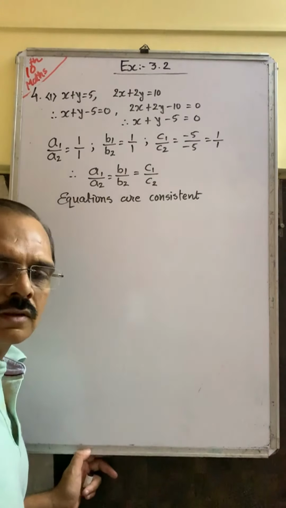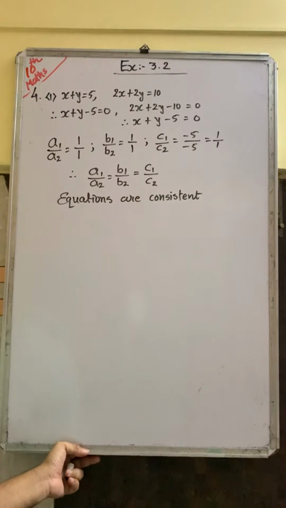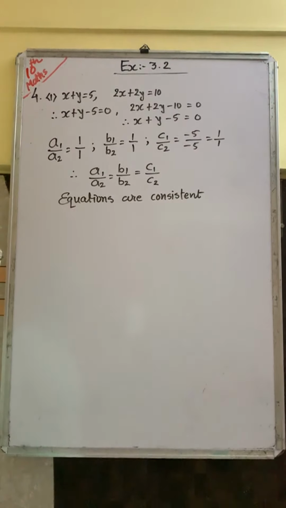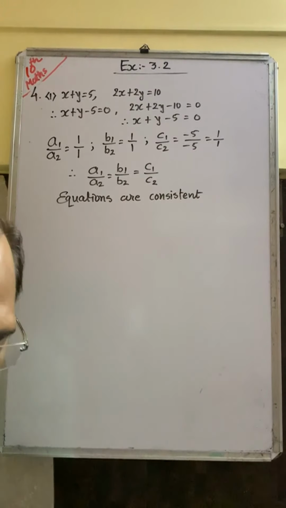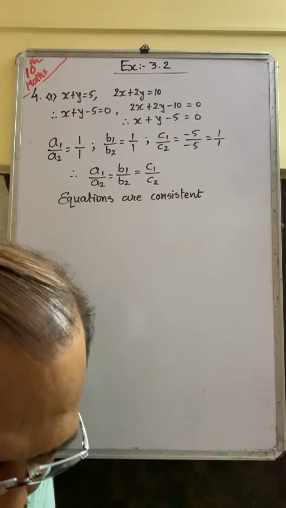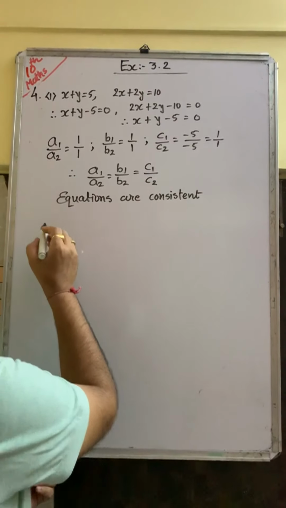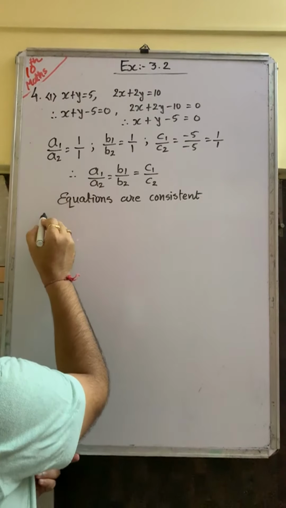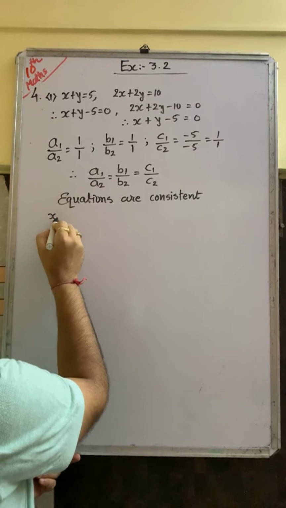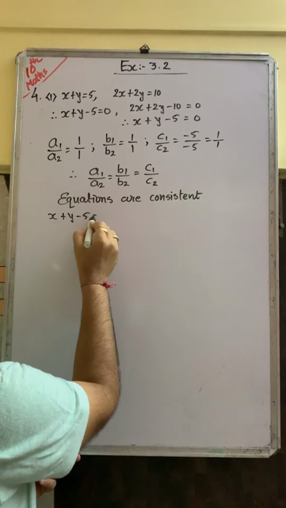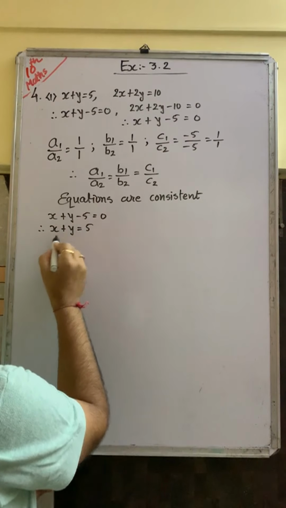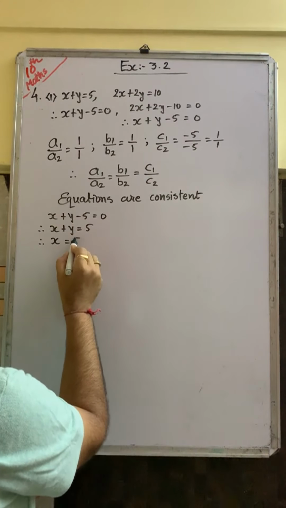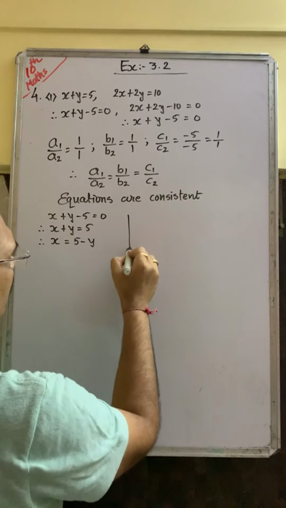Now find out the table. Okay, here the equations are same, so you have to draw only one line from equation 1 or equation 2. Both x plus y minus 5 equals to 0, so I can write x plus y equal to 5. From this I can derive x equals to 5 minus y.